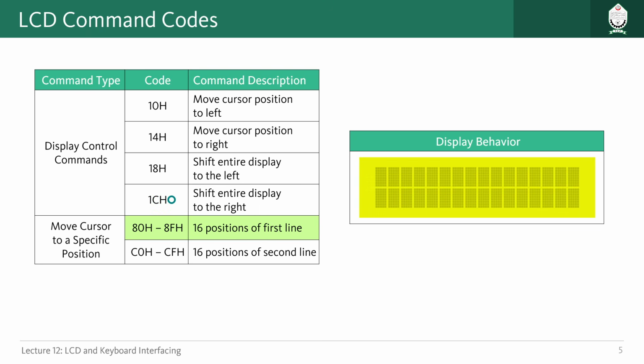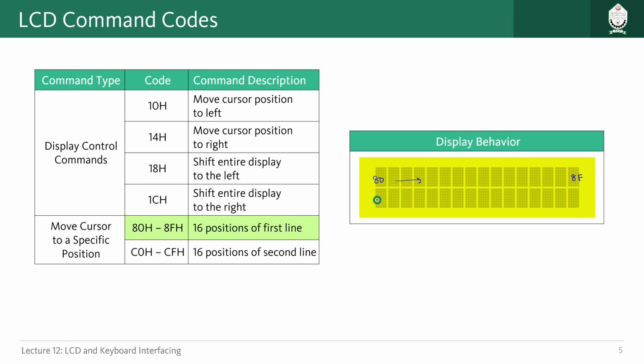And the last two, if you want to write something to a specific position, you can give their addresses. Each of the blocks we have has a particular address. The first one here, if you want to write something, is address 80. From here up to 8F, these are the 16 addresses we have.